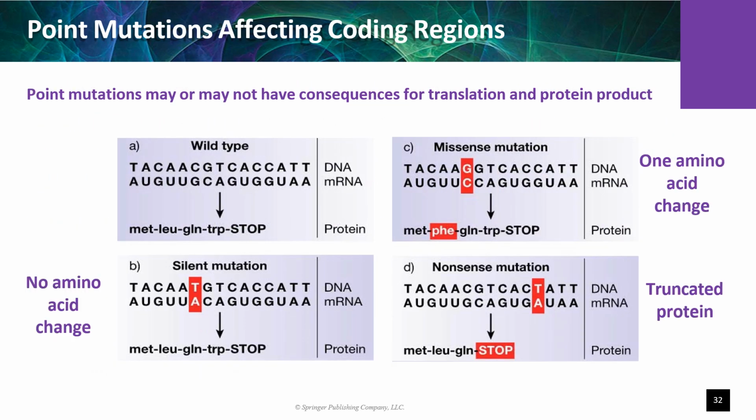This shows the effect of a change of a single nucleotide on the resulting amino acid sequence. The wild type is no mutation. The gene and the peptide are shown without a mutation. With the silent type, the base change from a C to a T at position 6 does not alter the amino acid sequence.